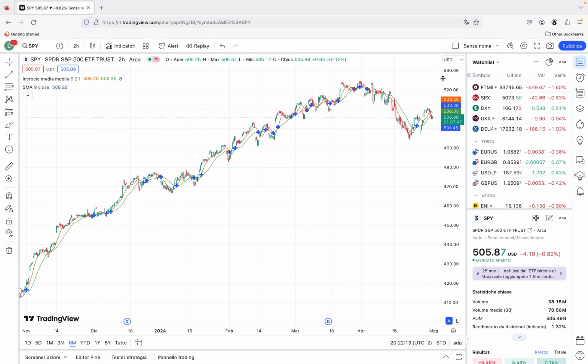In the example before, we bought the $430 call. So what's the risk? The risk is only the premium paid. If I lose, I will lose only the premium paid.